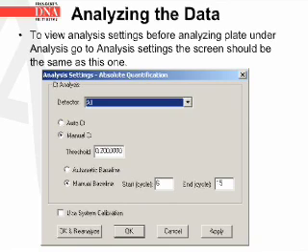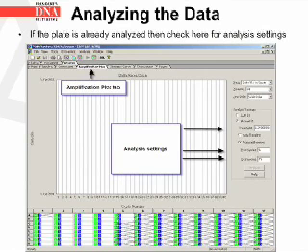You will see that the threshold is set and the start cycle and end cycle are clearly shown. If the plate is already analyzed, then check here for the analysis settings. Look under the Amplification Plot tab and look over to the right-hand side. If any of these are not the same as these numbers here, then they can be changed at this time and the plate reanalyzed.